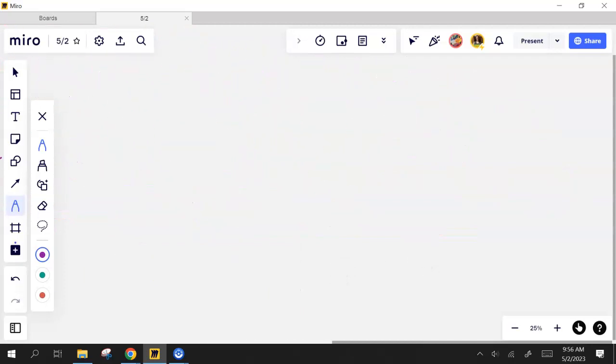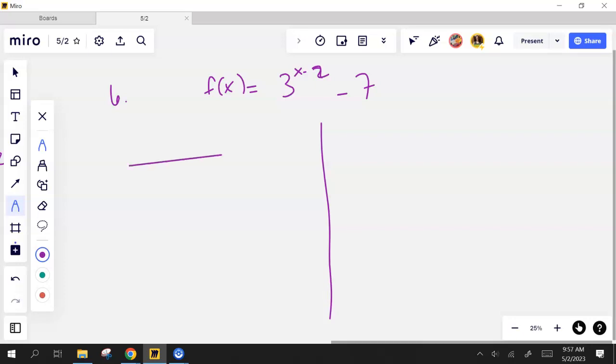Number 6. F of x equals 3 to the x minus 2, minus 7. Growth or decay? It is growth because b is bigger than 1. Where's my asymptote? -7.